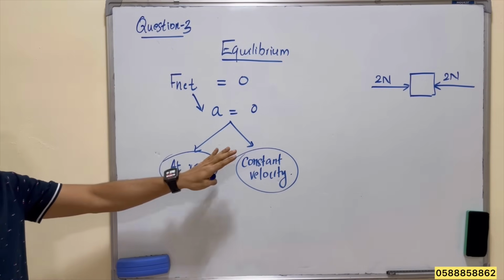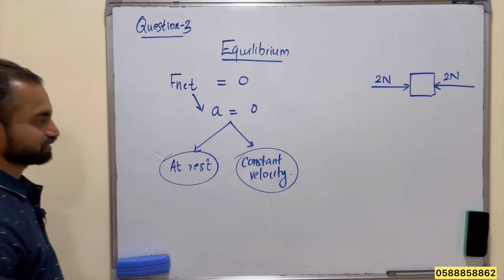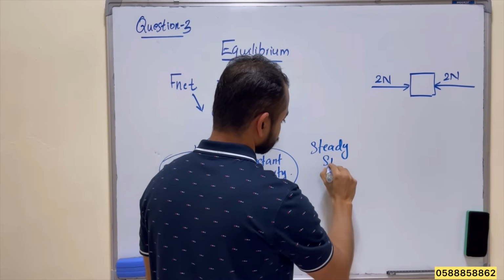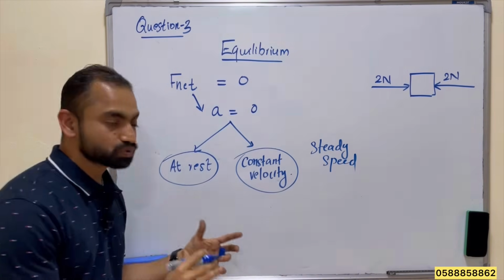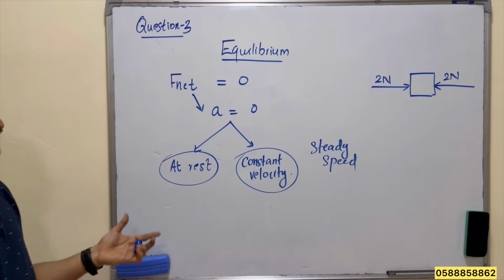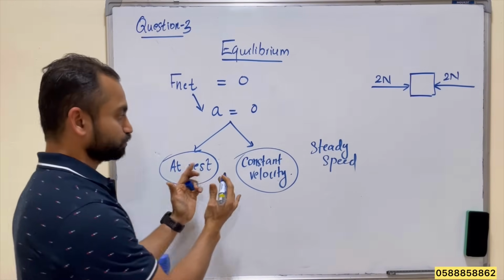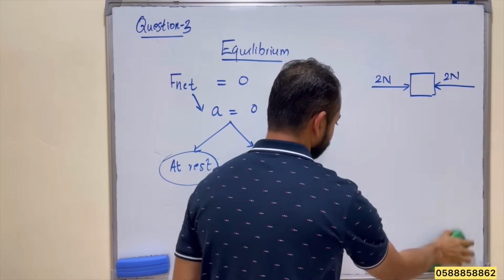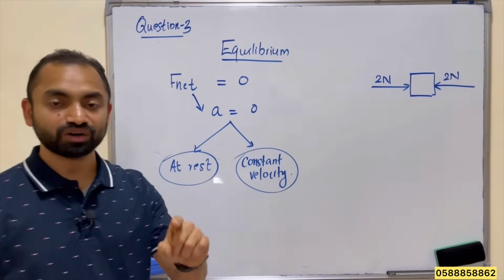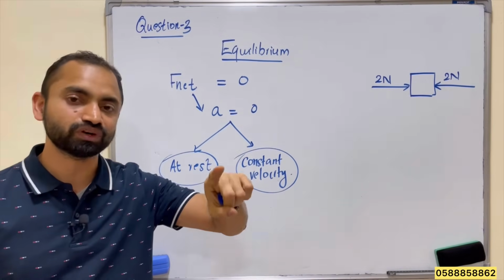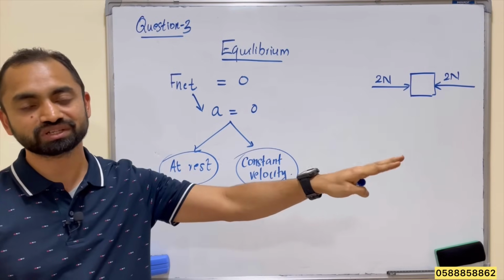If any object is moving at a steady speed, meaning constant speed, the object is in equilibrium. So which object is not in equilibrium? The object moving with an acceleration. If the velocity of the object is changing, the object is not in equilibrium.